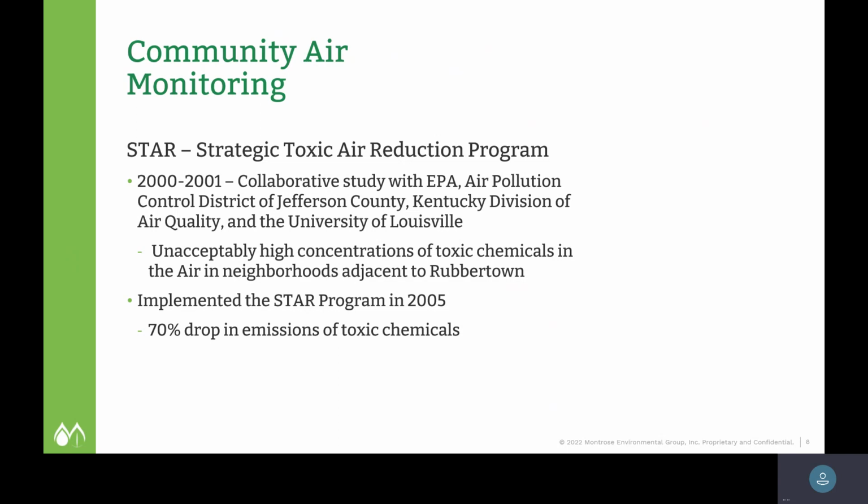They were upset about their air quality, and they were being heard. So EPA moved forward and did this study, and they determined that there were unacceptably high levels of air toxics in this area. The APCDJC implemented what's called the STAR program, the Strategic Toxic Air Reduction Program. Pretty successful. They got a 70% drop in emissions of toxic chemicals.